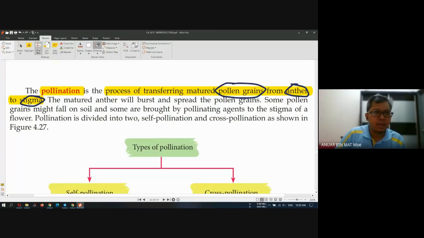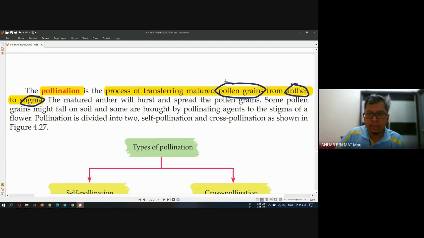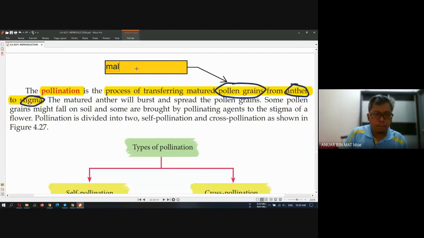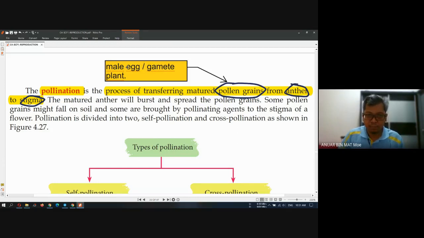Pollen grain is what we call the male gamete in plants, or male eggs. In humans, what do we call the male gamete? Sperm. Very good. But in plants, we call it pollen grain.